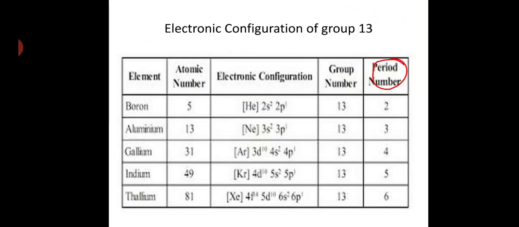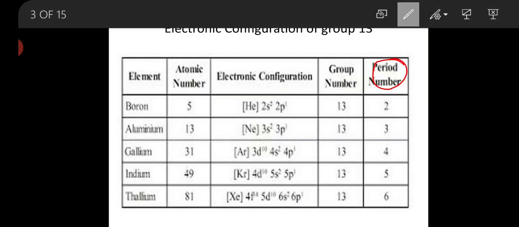Now depending upon this location, the outer energy level configuration is given. Boron's period number is the second, so its configuration starts from 2s and 2p. Aluminum in the third period has 3s and 3p.